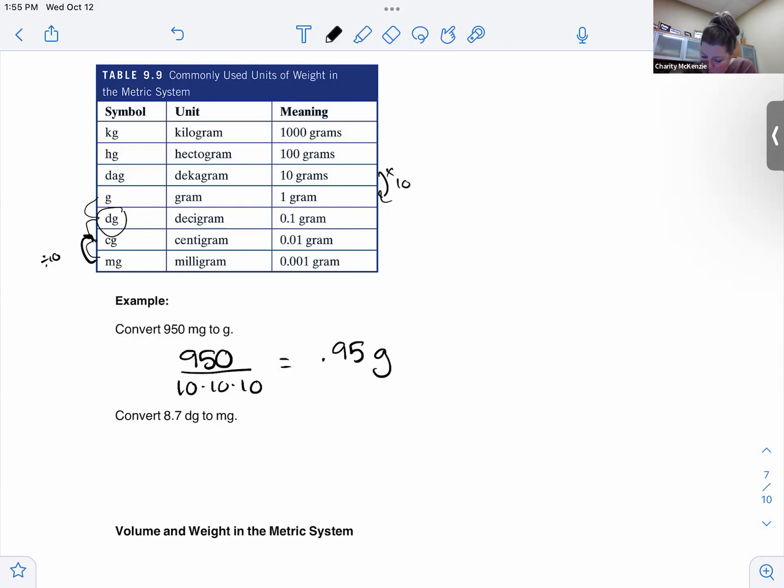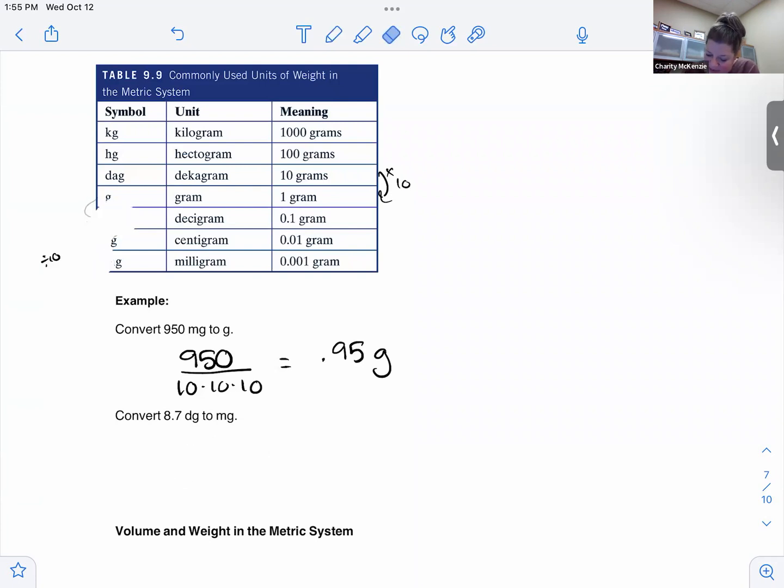So 8.7 dg, and then I want to divide twice by 10. I started with dg. I apologize. Hang on. We don't divide by 10.